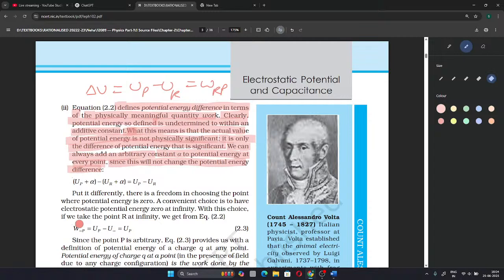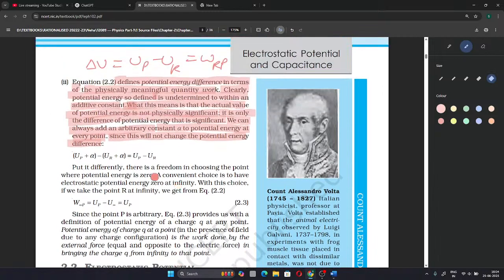And when we are calculating a potential difference, we don't need to be very accurate, because even if we add any kind of constant alpha to the main potential energy, the final value will be equal to delta U. Because we are not finding the actual potential energy of this object, we can actually define one of the potentials to be zero.